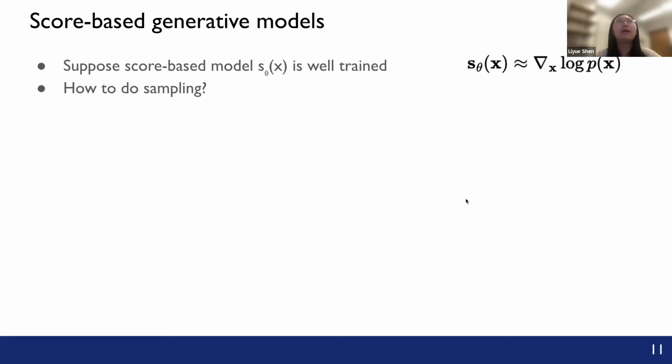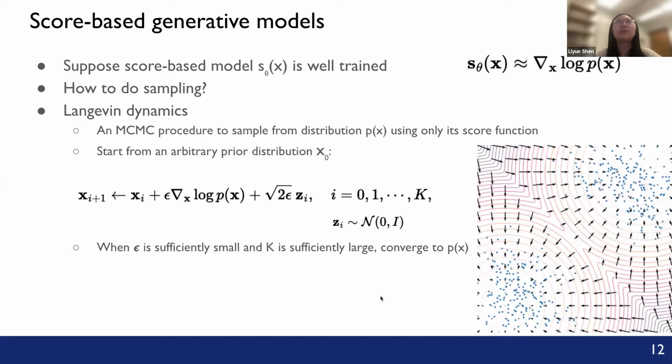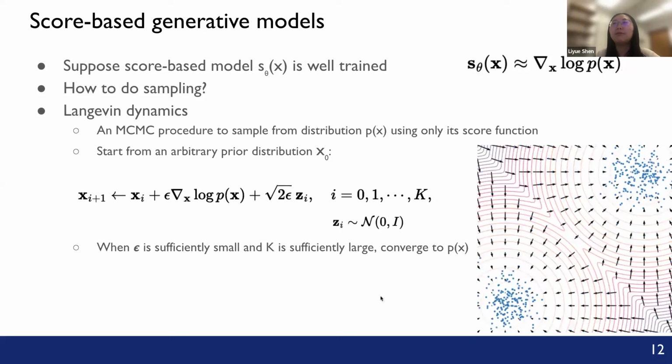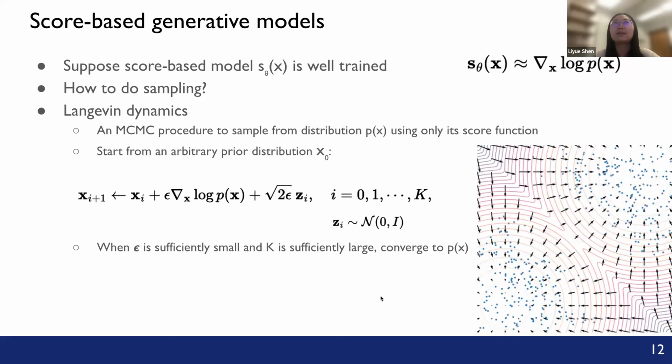Suppose we have learned some score-based model, denoted as S_theta here. How can we do sampling using such an estimated score function? This is relevant to the topic of this seminar.